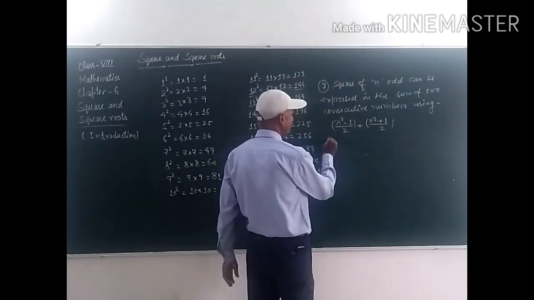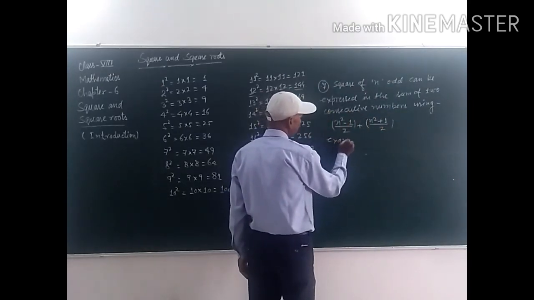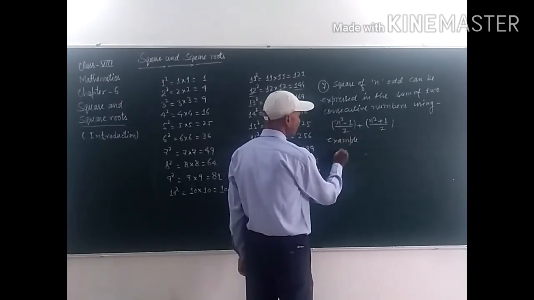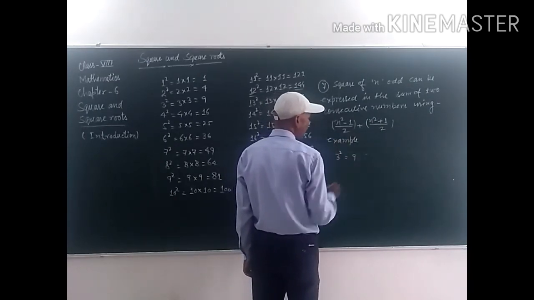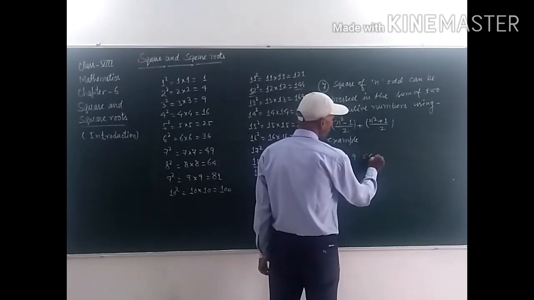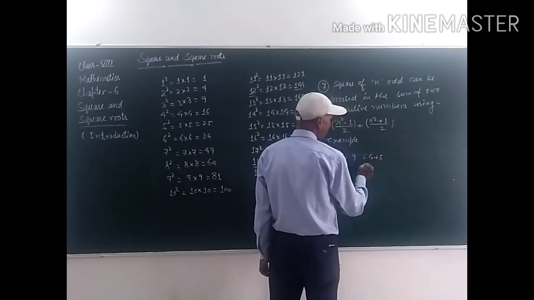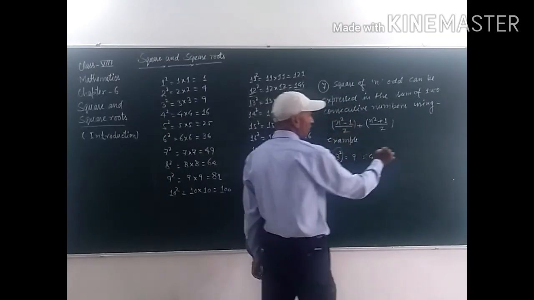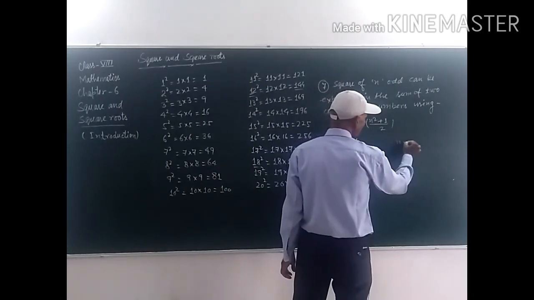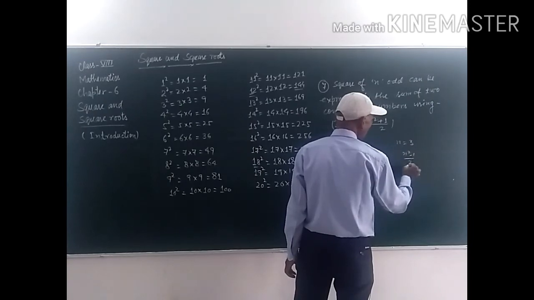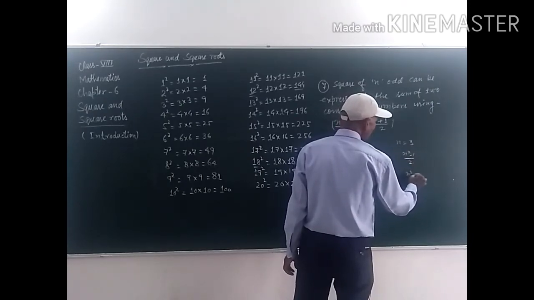Take an example, student: 3 square is equal to 9, and we can express it like this, student, 4 plus 5, that is 9. So using this formula, n is equal to 3, so n square minus 1 by 2 and n square plus 1 by 2.